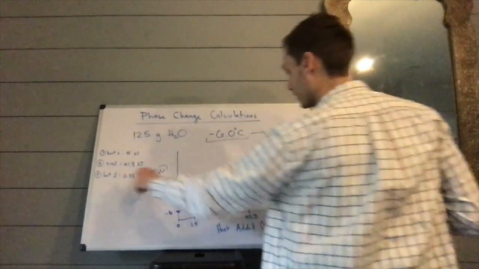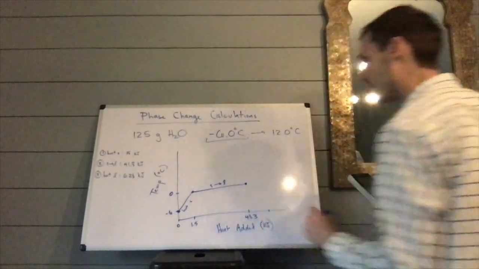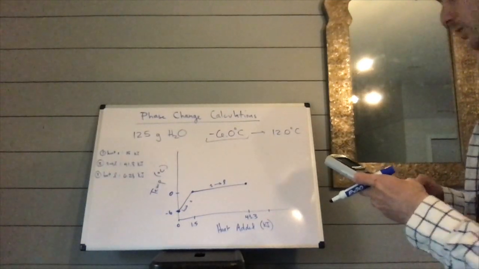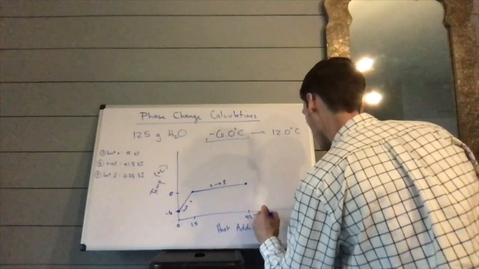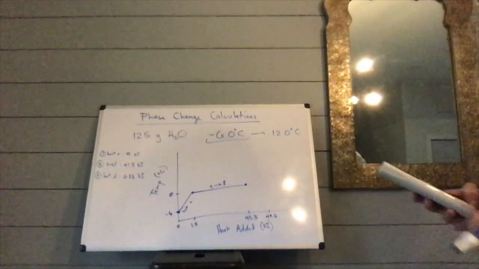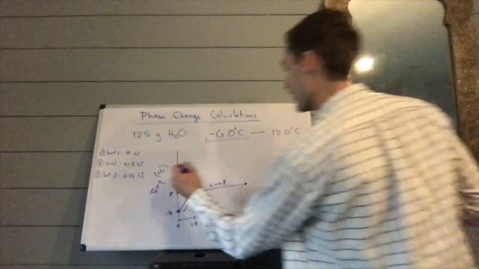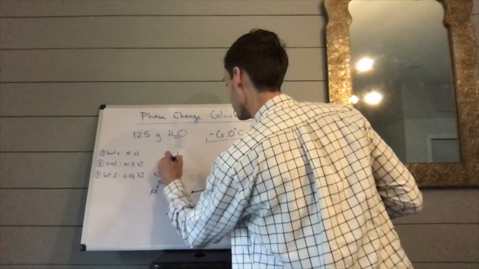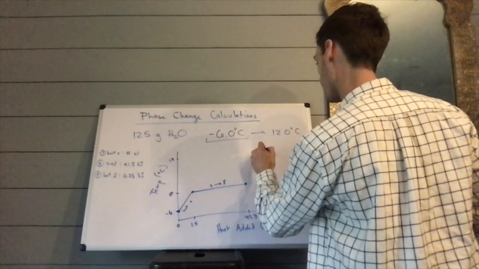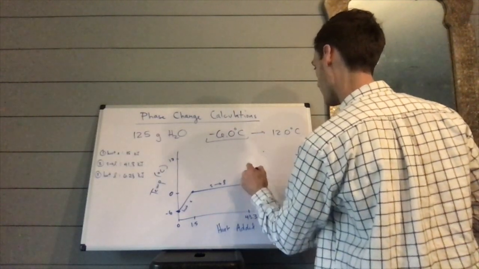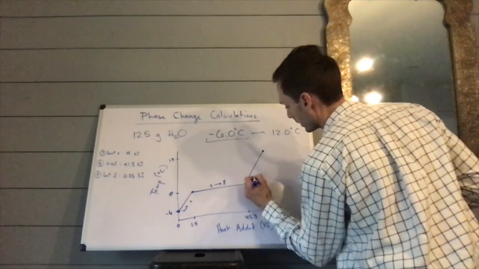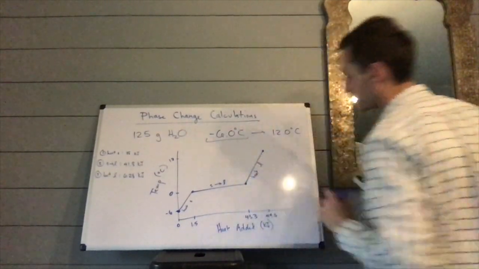Now we just have the third step. When we add another 6.28 kilojoules, we would get to a total of 49.6-ish kilojoules, and that would get us up to 12 degrees Celsius. So let me put that point. And this would be where we are heating our liquid.